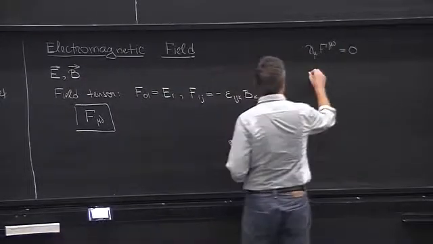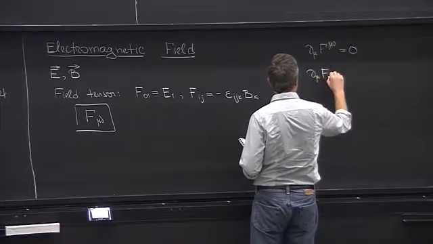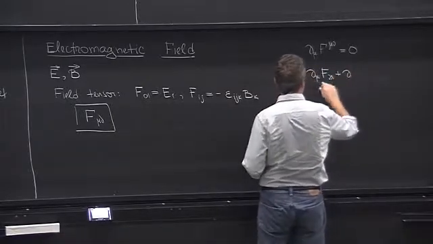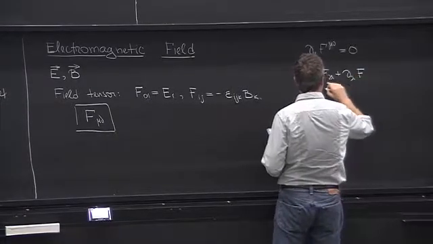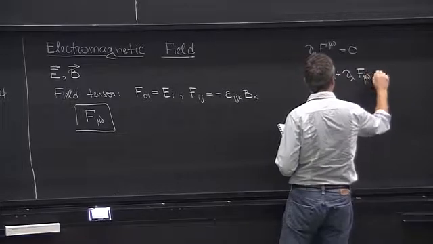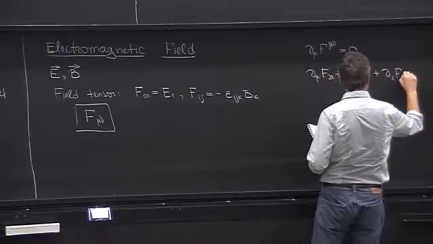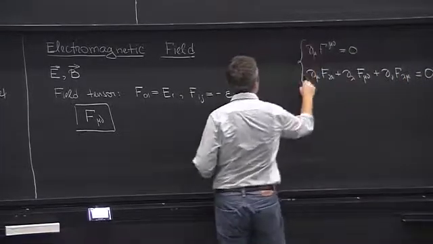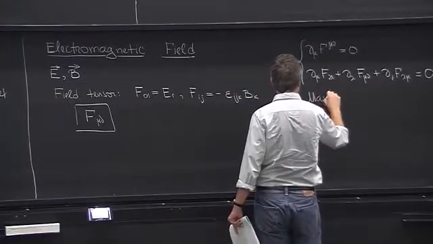And the second equation is a combination of three terms with the indices cyclically permuted. If you sum the derivative of F and make a cyclic permutation on the indices, then this is equal to 0. So these are Maxwell's equations.